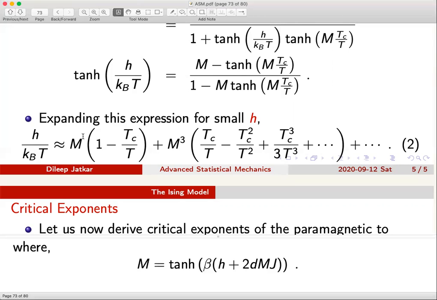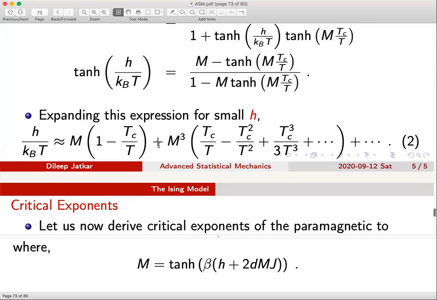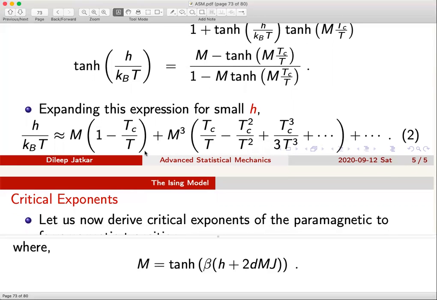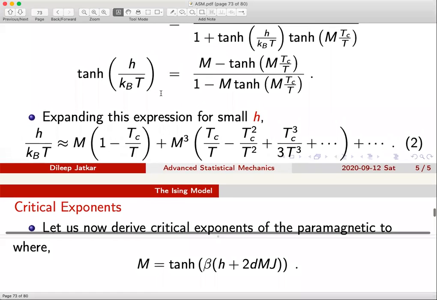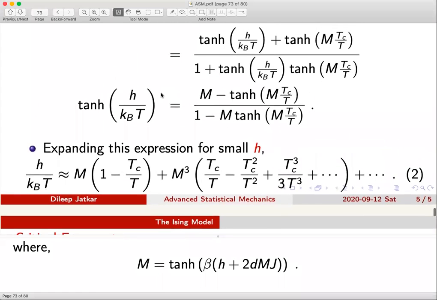But that is just within the small range. One is not really going way out into higher temperatures. So in the neighborhood of Tc, this expansion makes sense, for small external magnetic field. Is that fine?